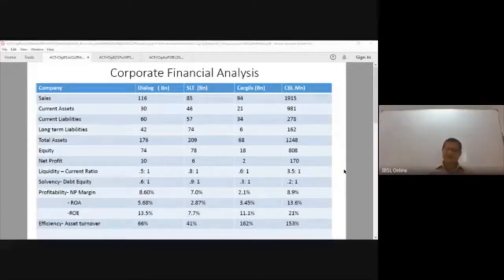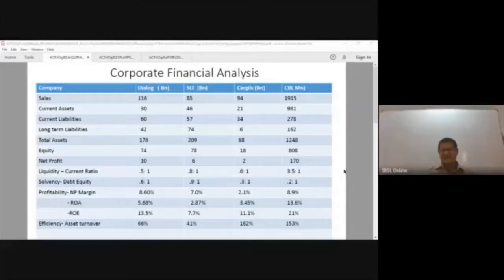So they are in a much better position to have higher value sales. Their total assets is 68, yet using 68 billion of assets, they can sell to the value of 94 billion. So it is 162 times.